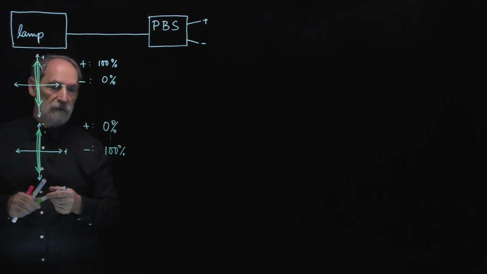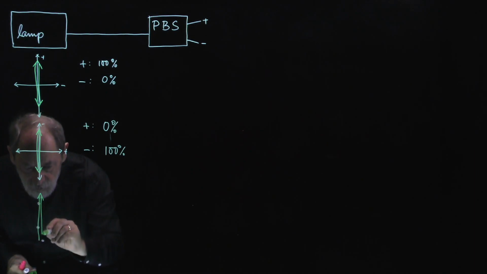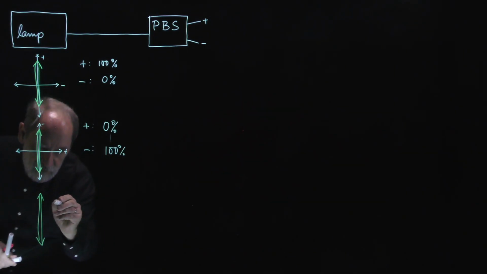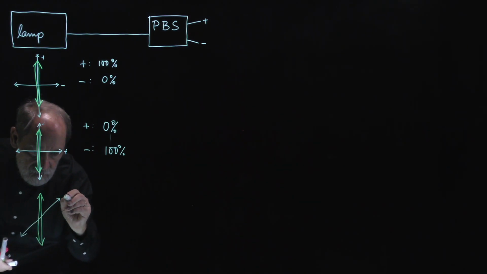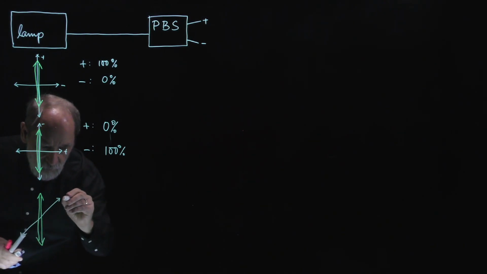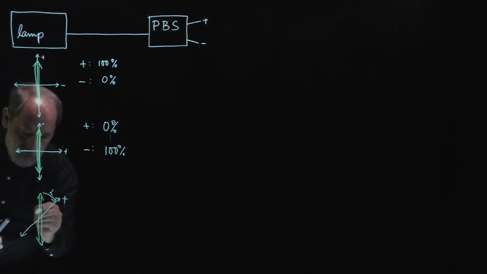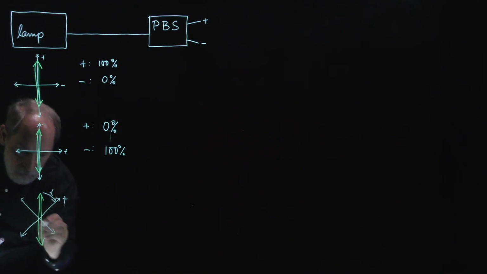But that's not all that we can do. We can also set the polarizing beam splitter at an angle alpha, by which I mean that the plus direction that is probed is under an angle alpha of the vertical direction, and then the minus port is perpendicular to that.